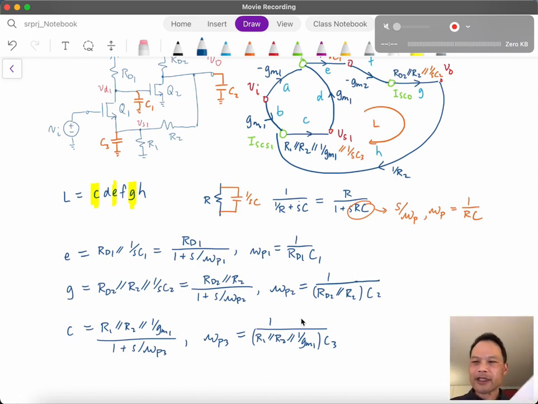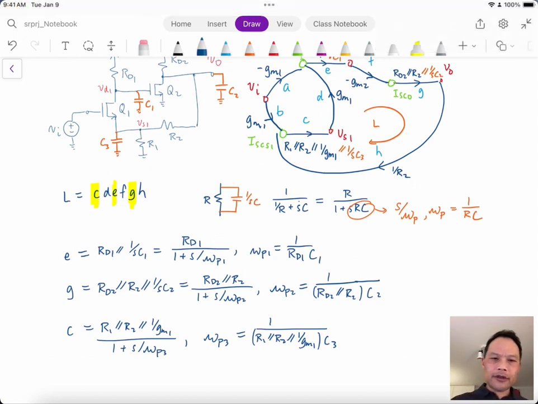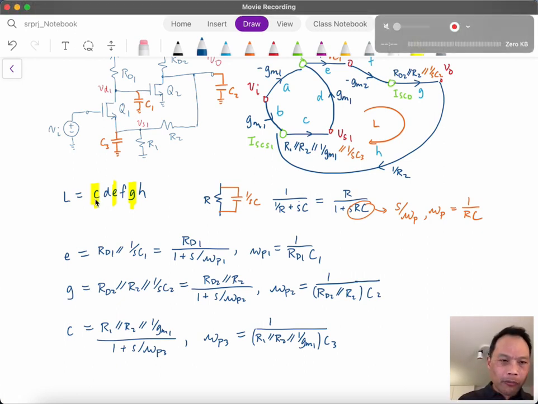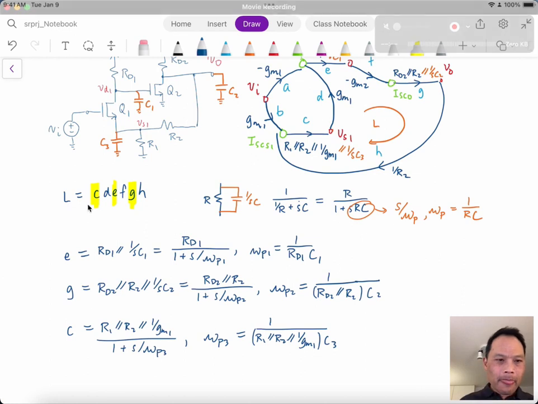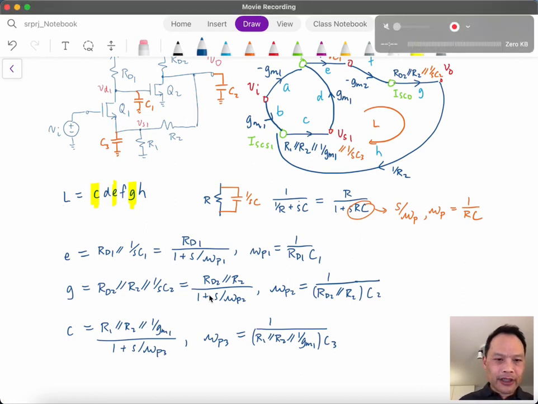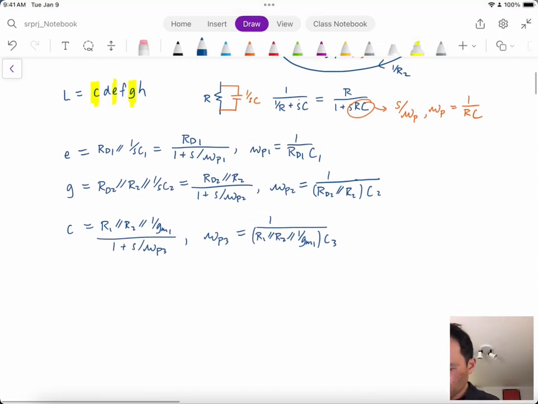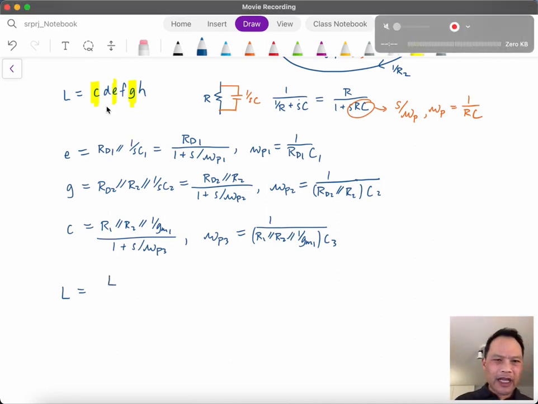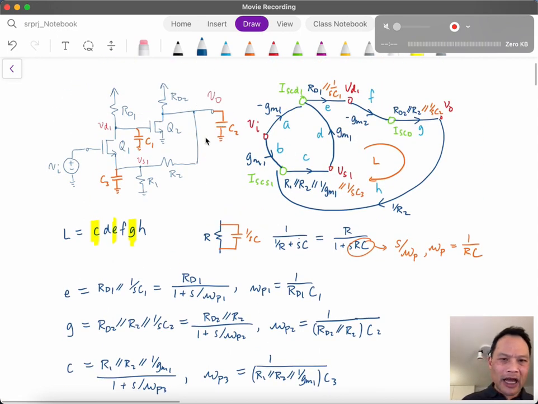Okay, so we basically have now the expressions for the three poles, and because the loop gain is simply a product of all of those terms, the loop gain will remain what it used to be, except now we're introducing these three denominator terms. So the loop gain is the original loop gain, which was at DC and had no capacitors.